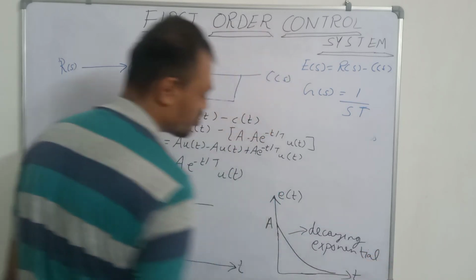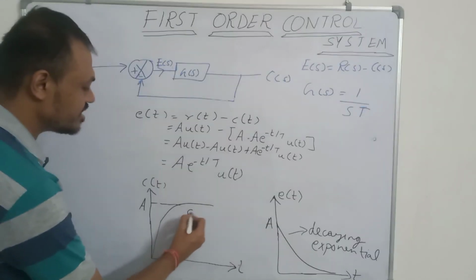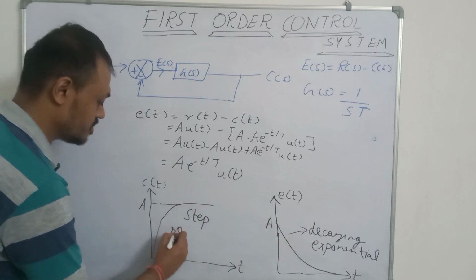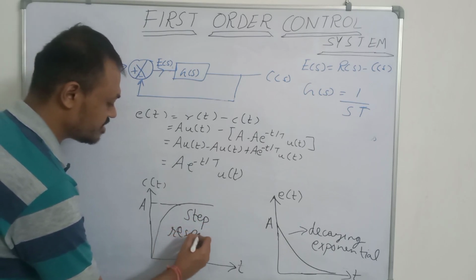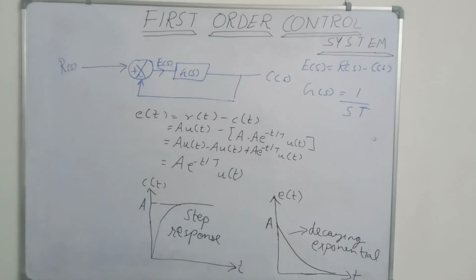This is the step response for the first order system, and this is the error signal for the first order system. So the error becomes 0 as t tends to infinity.